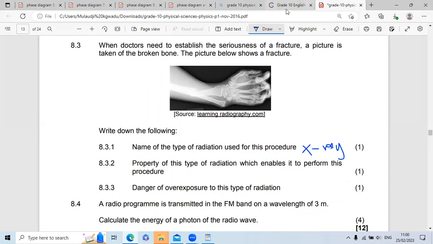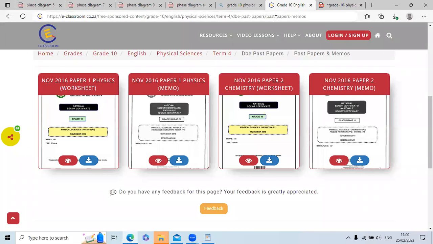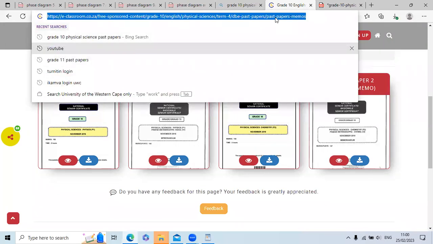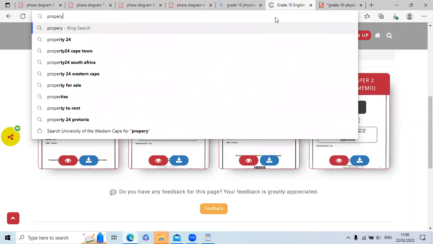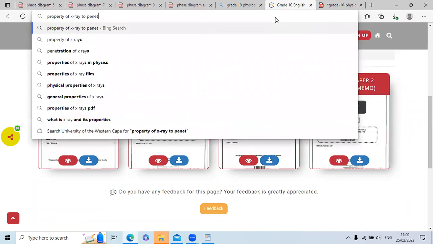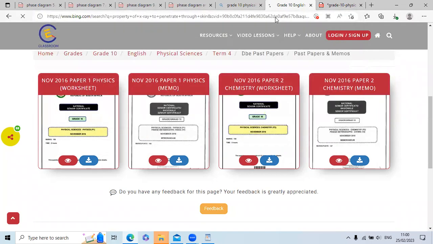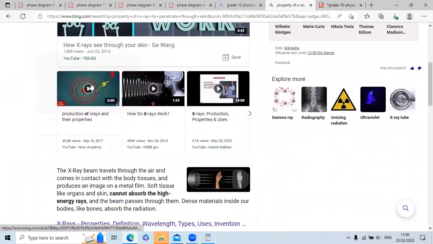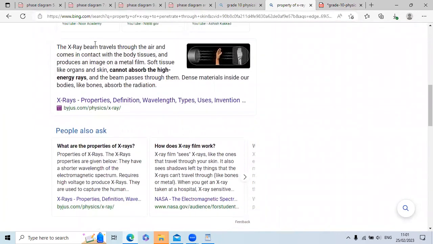Which words can I use? You know what? Let me just search it. Property of X-ray to penetrate through skin. They say the X-ray beam travels through the air and comes in contact with the body tissues and produces an image on a metal film.